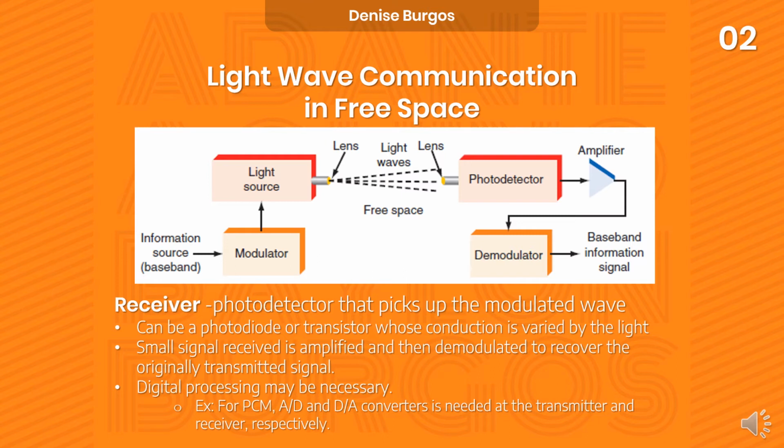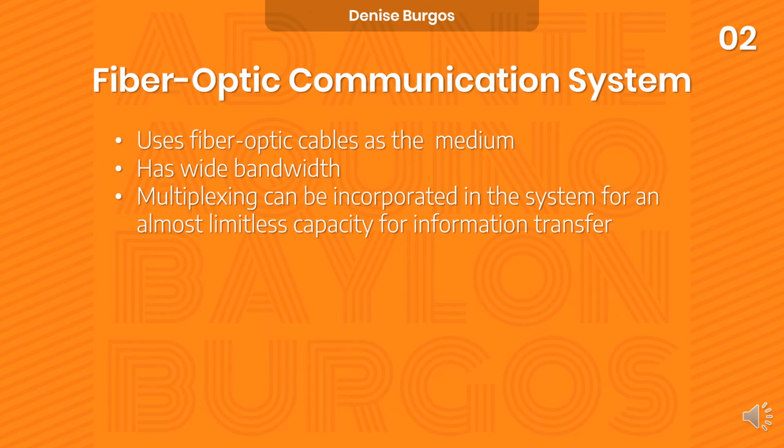The D/A converter will be needed at the receiver to recover the voice signal. A fiber optic communication system uses fiber optic cables as the medium, has wide bandwidth, and multiplexing can be incorporated in the system for an almost limitless capacity for information transfer.